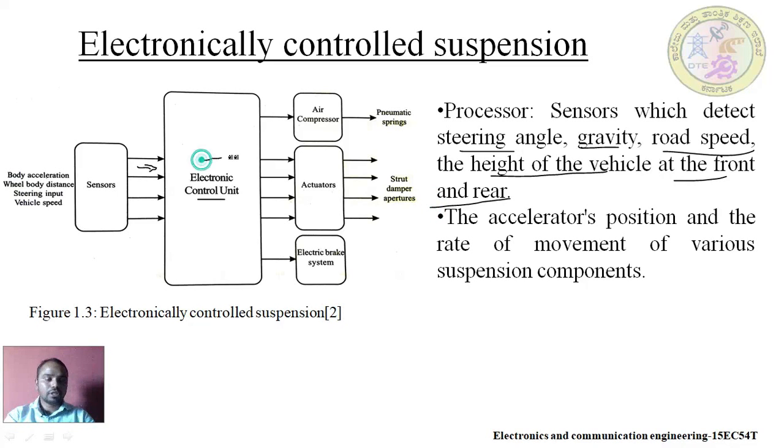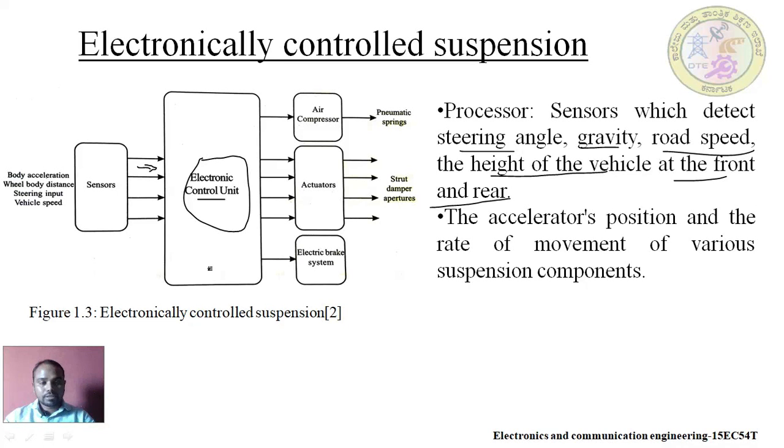The electronic control unit comprises chips like a microprocessor and or microcontroller. Dear students, we know that a microprocessor as well as a microcontroller has the ability to process information. It has input ports as well as output ports. Internally, it has an ALU, arithmetic logic unit, timers, counters, and memory devices such as RAM and ROM.